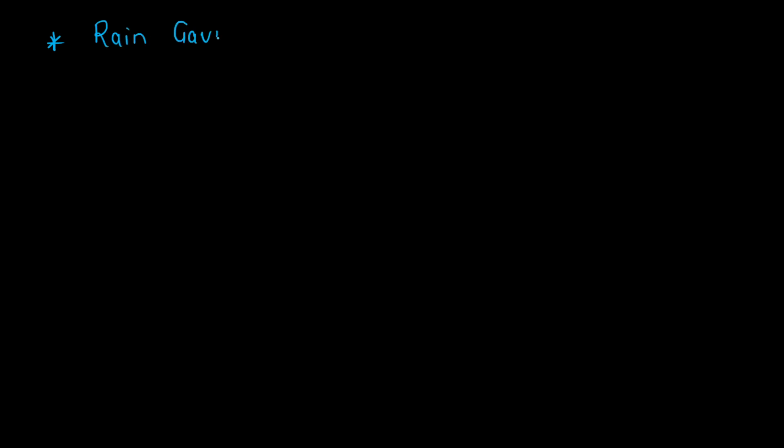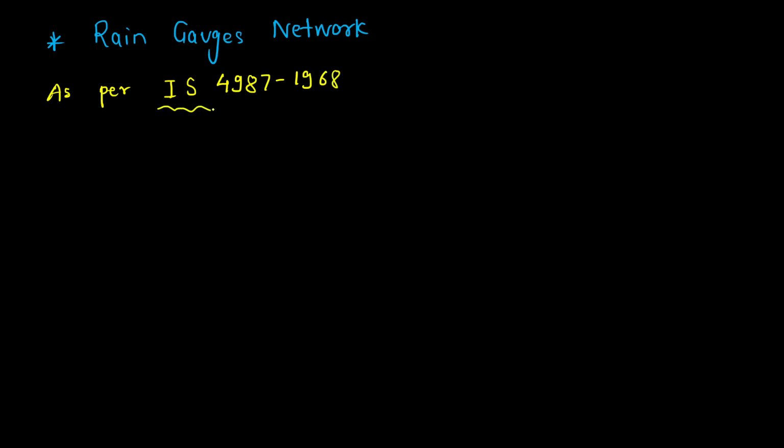So write the heading: rain gauges network. Rain gauges network. So as per IS 4987 1968, this IS code gives information about the rain gauges network.